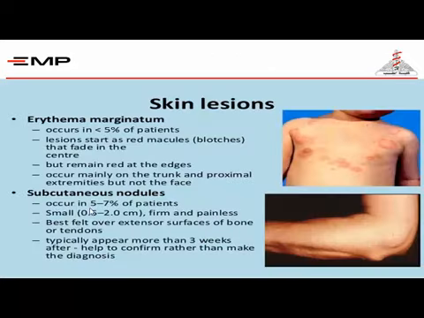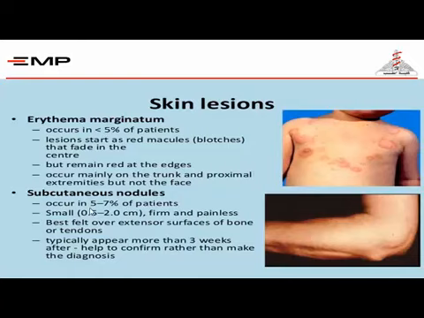The skin lesions which we talked about are erythema marginatum and subcutaneous nodules. Erythema marginatum is very rare, but it is characteristic of rheumatic fever. They start as red macules, and then they fade in the center and become enlarged.